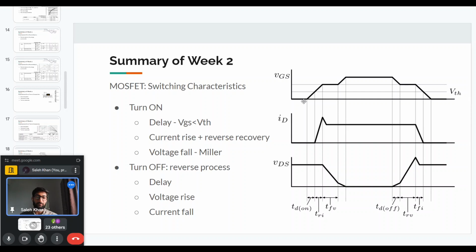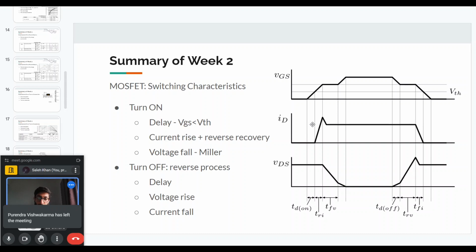And as the gate source voltage increases, the drain current will also increase. Once it reaches the full current of the inductor that is connected to the device, there will be a slight overshoot based on the reverse recovery of the other device as well as some oscillations in the circuit due to parasitics. After that overshoot, the voltage across the device will start to fall.